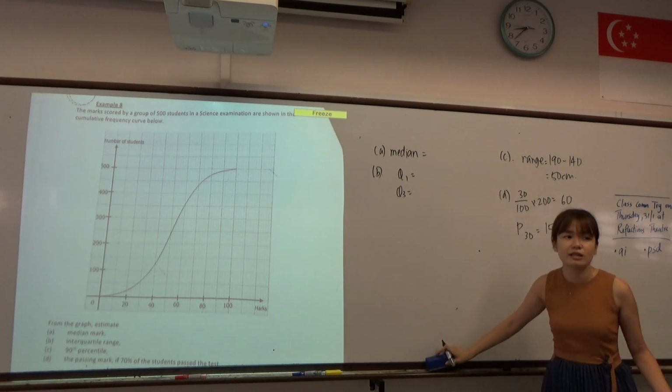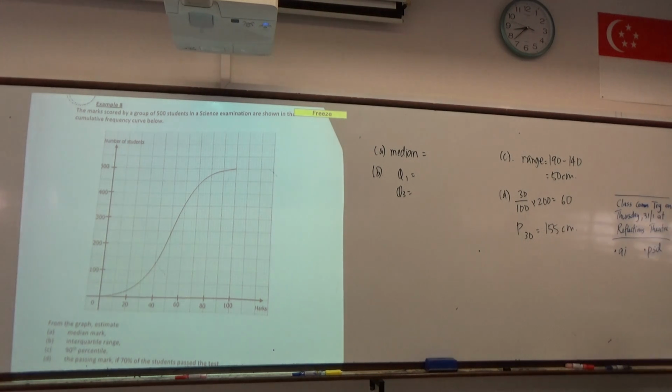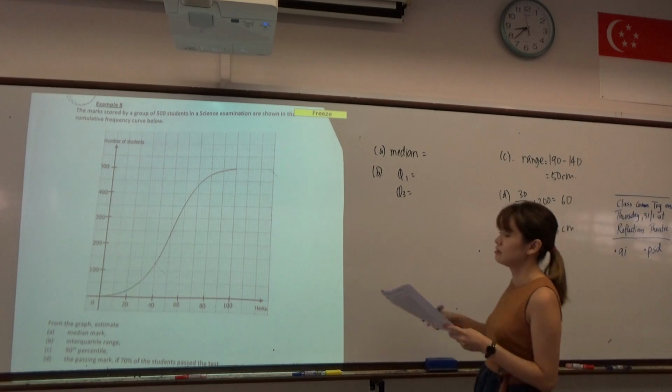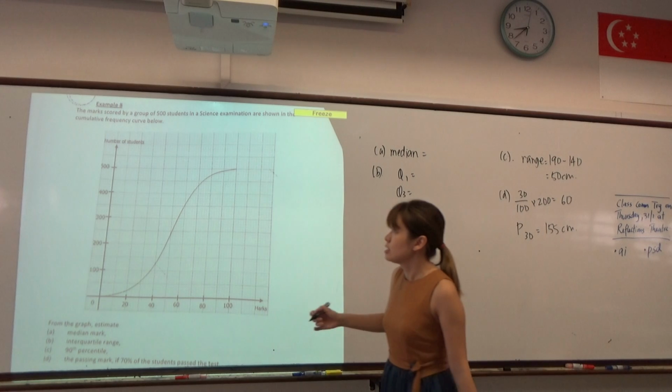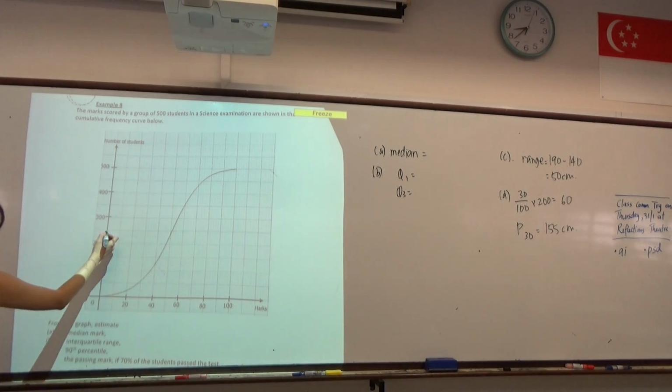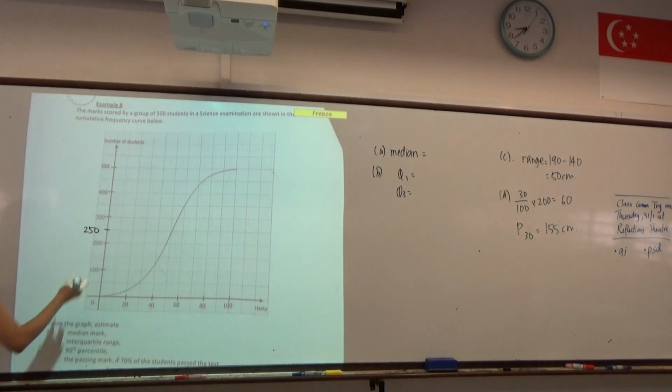You really just made a careless mistake. Where should you be reading? You should be reading at 250. So the highest is 500, the middle will be 250. So the value will be 51, right?